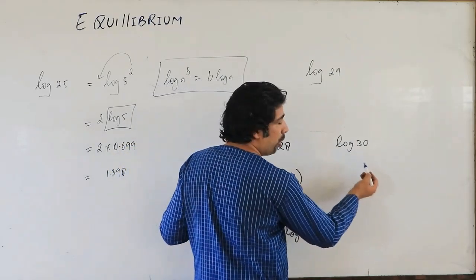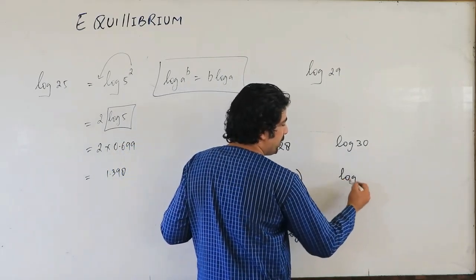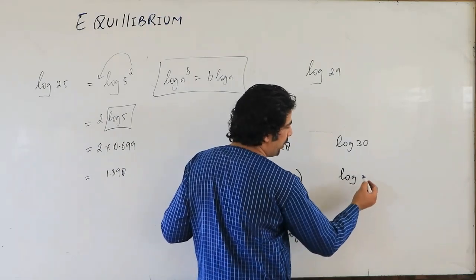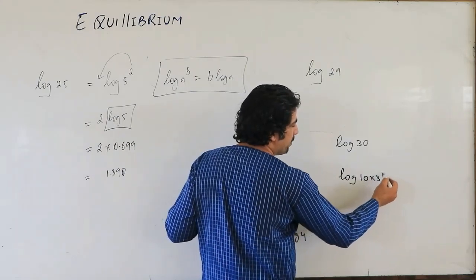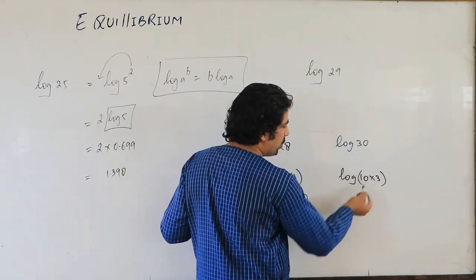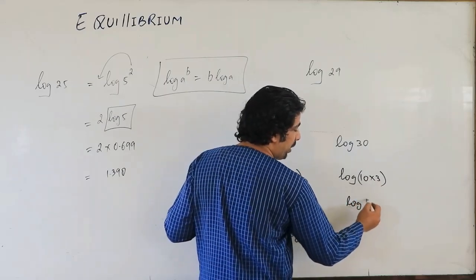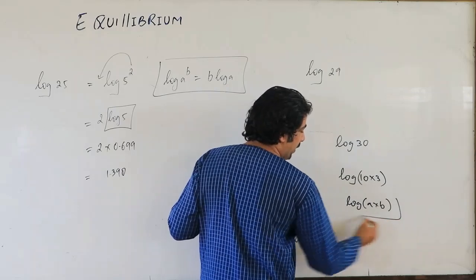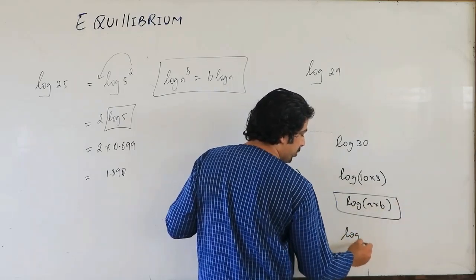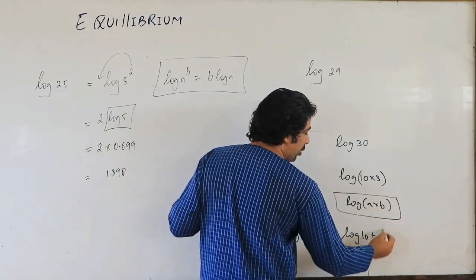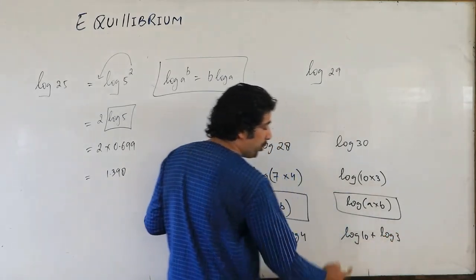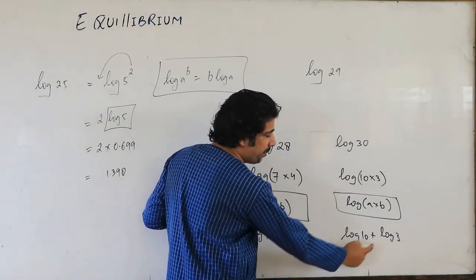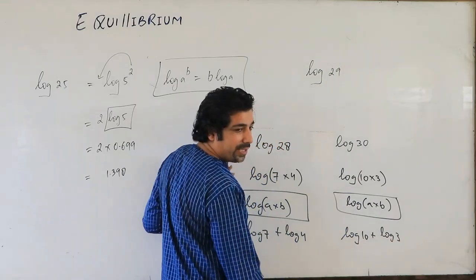Now log 30, you can mention as 10 into 3. So obviously it will be again log A into B, which is log A plus log B. And we know the value of log 10, that is 1, plus log 3, that is 0.4771.